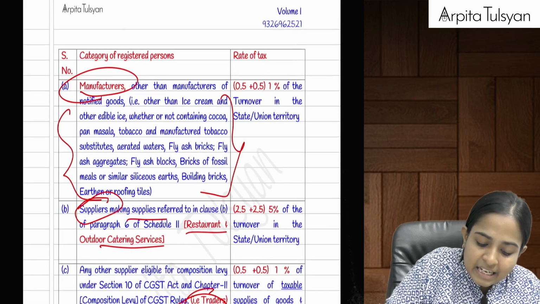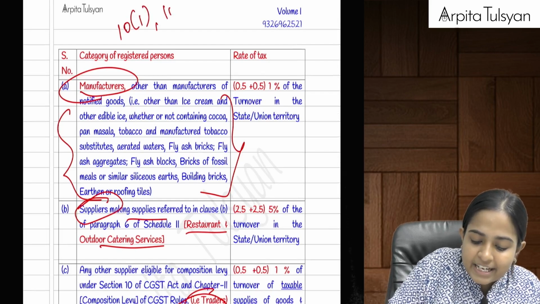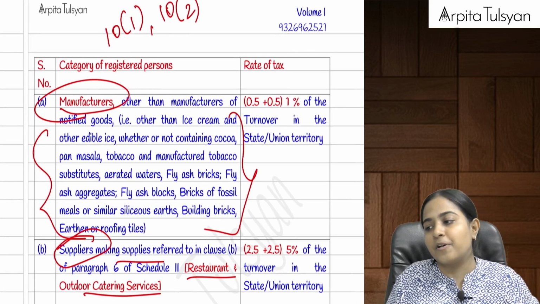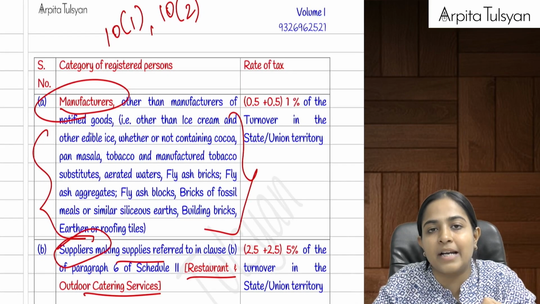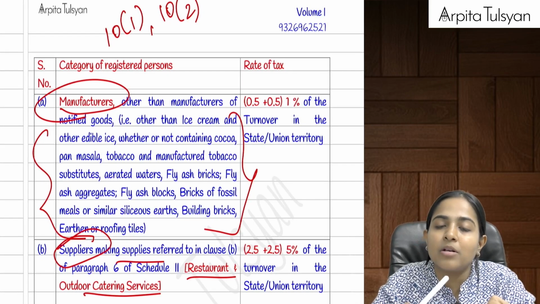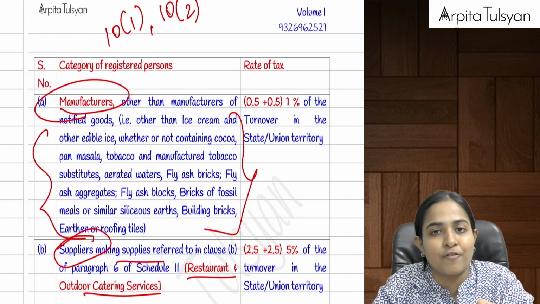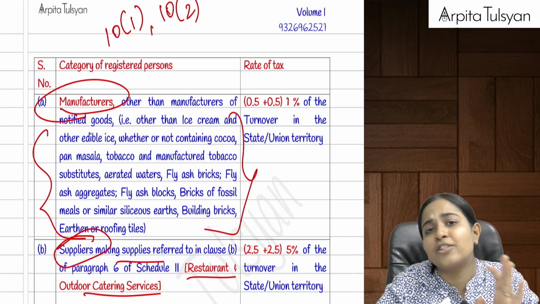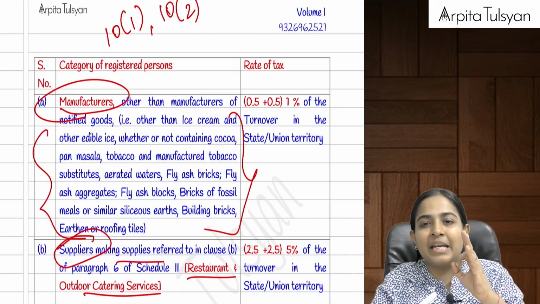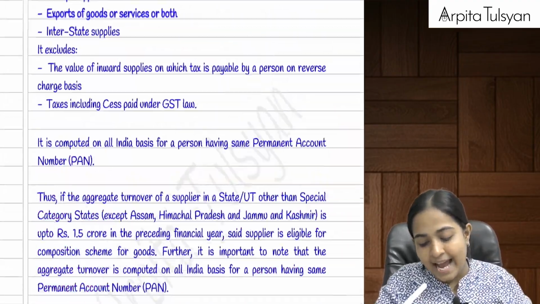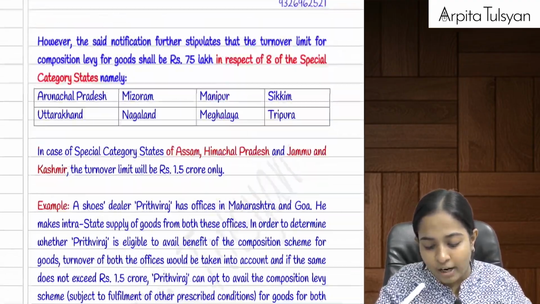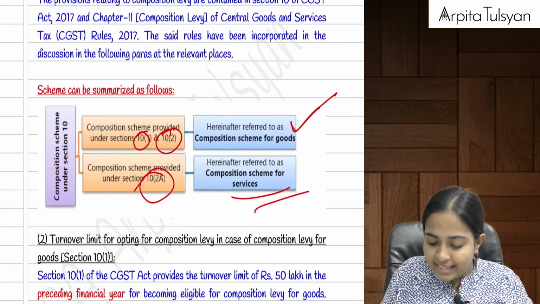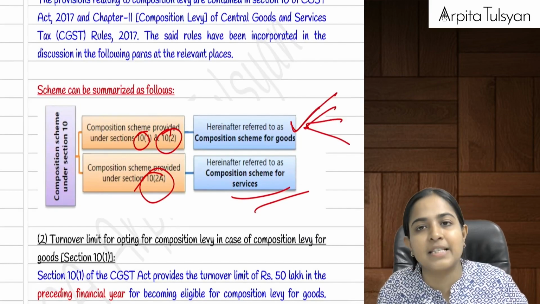These three persons are covered in section 10.1 and section 10.2. Which three persons did I mention? A manufacturer other than a manufacturer of specified goods, then a trader, and then a restaurant service provider. These three persons will be involved in the composition scheme for goods.